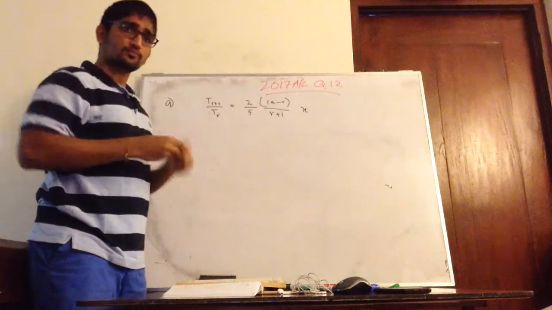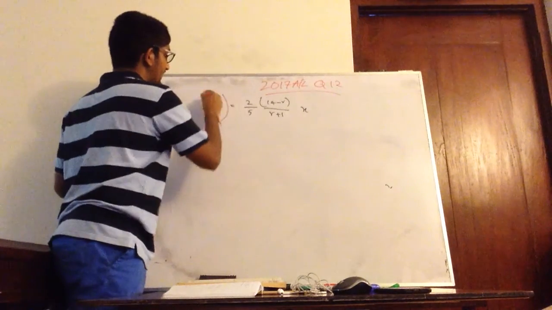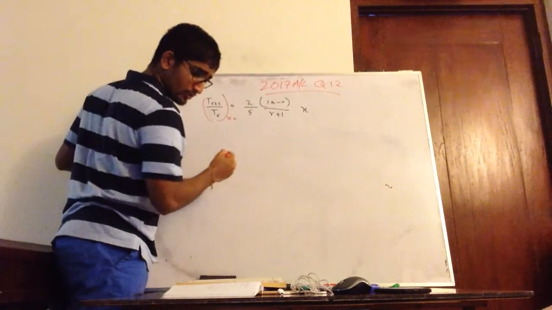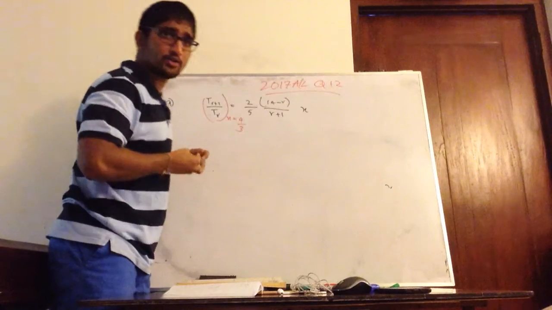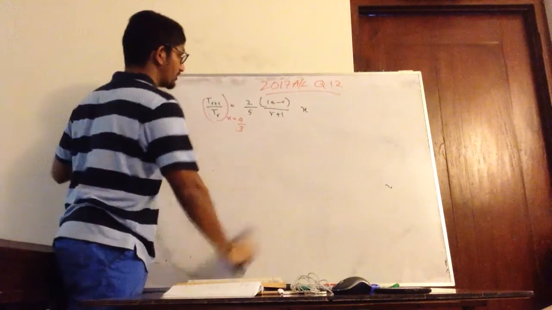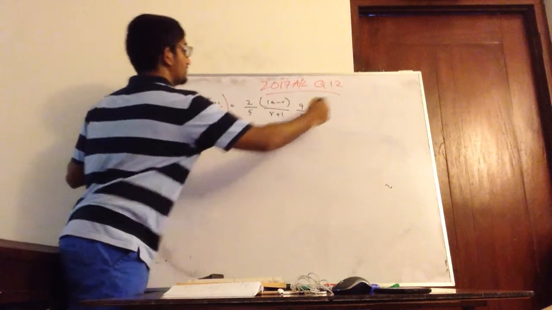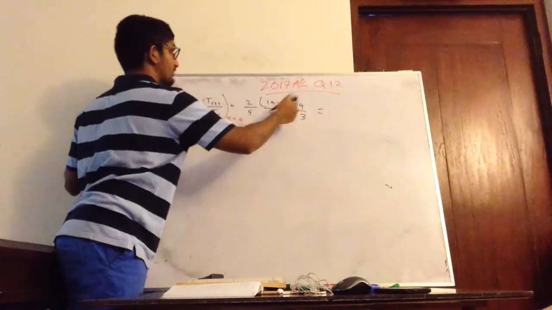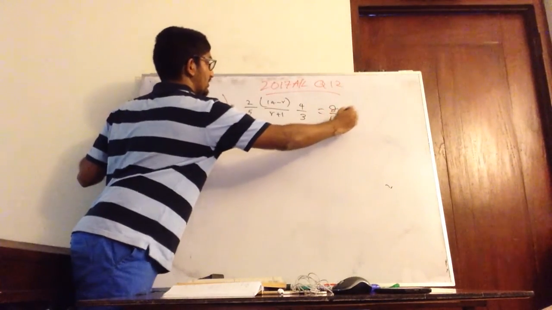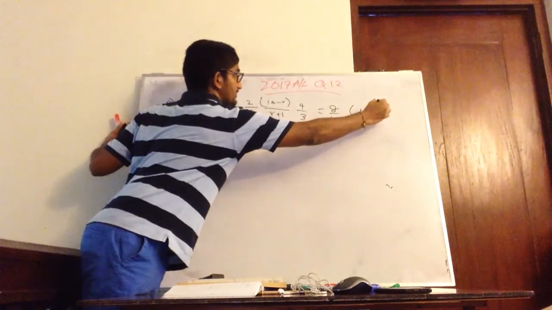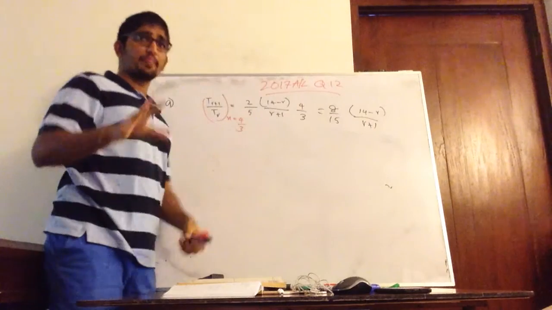Now they are saying x is equal to 4 over 3. So here I'm going to replace this by 4 over 3. Then I will get 2 times 4 is 8, 5 times 3 is going to be 15, 14 minus r plus 2.